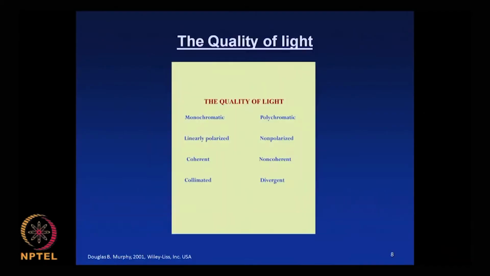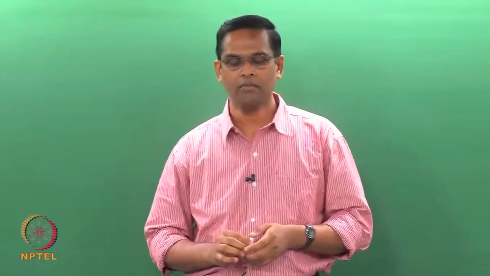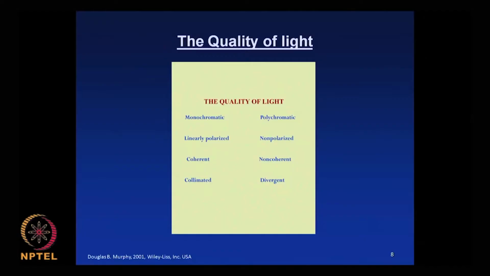So, this is another important introduction for light, and we always talk about the quality of light in the characterization of materials. Let us see what the qualities of light are and its classification. If you look at the slide, we have an animation.